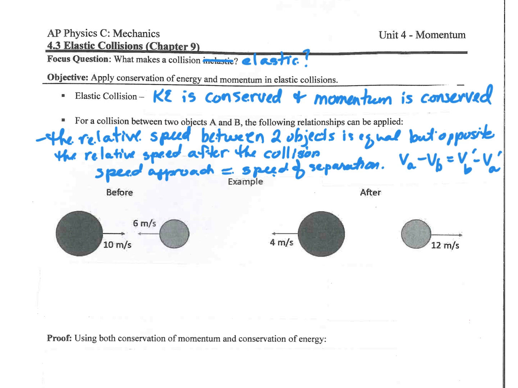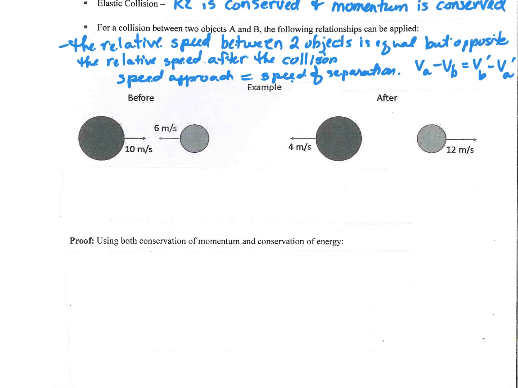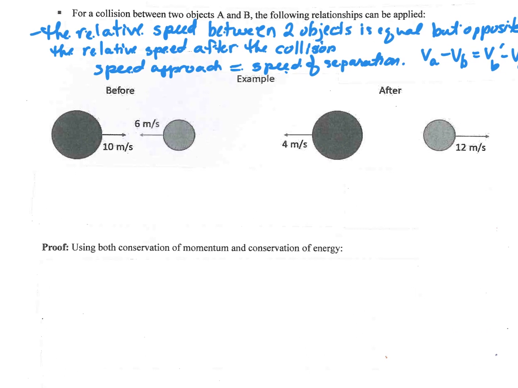All right, so what is the relative speed before? Well, you've got 10 going one way and negative 6 going the other way. You have VA, which is 10, and VB, which would be negative 6.